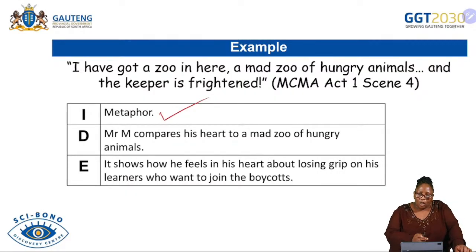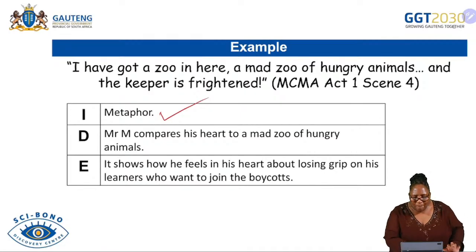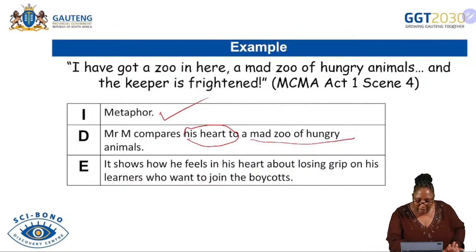Mr. M compares his heart to a mad zoo of hungry animals. We don't say Mr. M compares his heart. We don't say Mr. M compares to a hungry animal. No, we must be very specific. Compares what? His heart. To what? To a mad zoo of hungry animals.